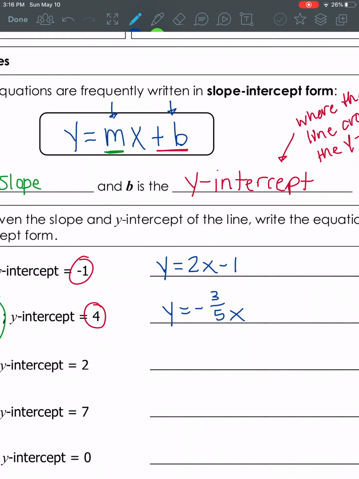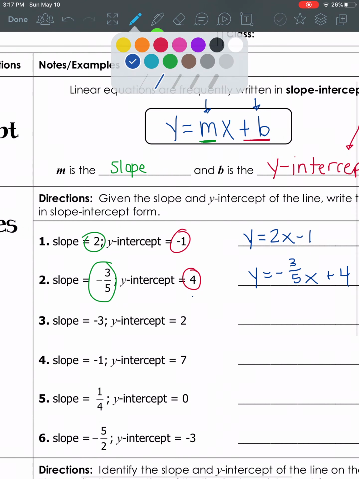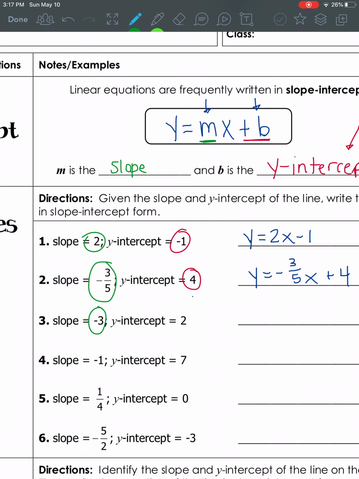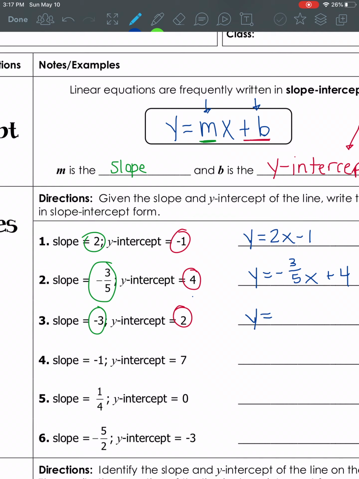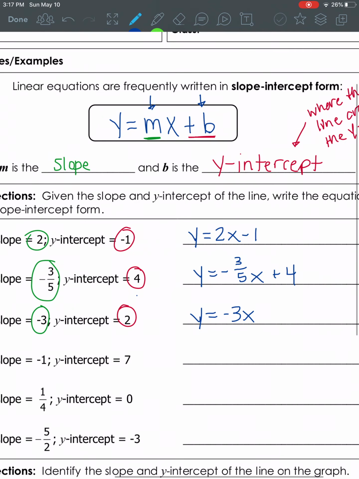In this case, our y-intercept is +4, so we're going to write it as +4. All right? Slope here is -3. Y-intercept is 2. So y equals, m is -3, -3x. Our y-intercept is 2, so +2.